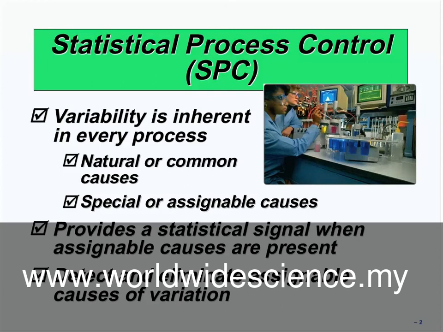This is natural. But some of the causes, some of the problems, are special or assignable. When the causes are special and assignable, it shows that there is a problem somewhere.